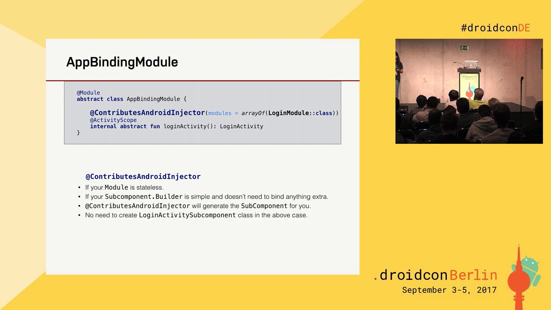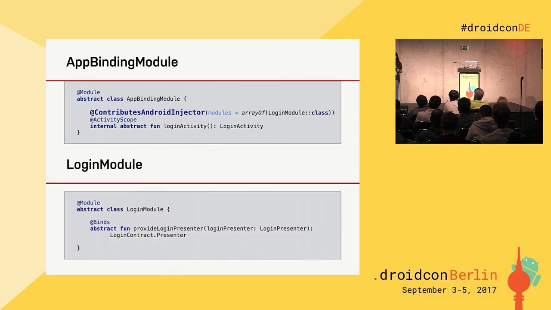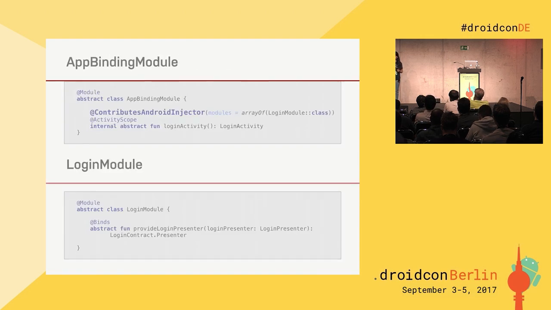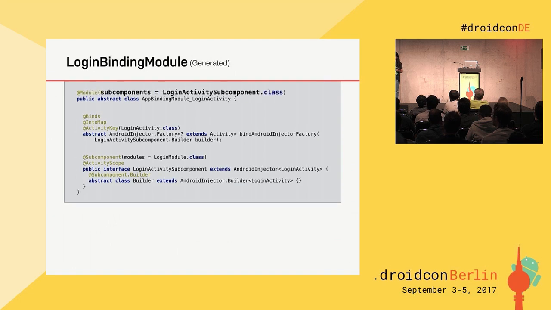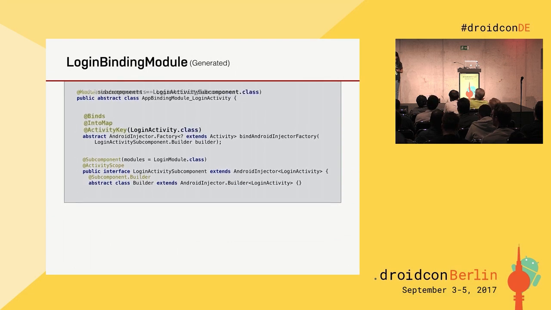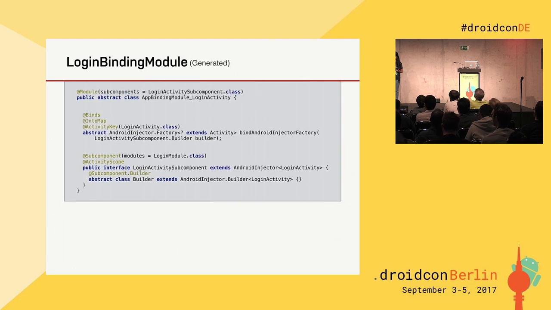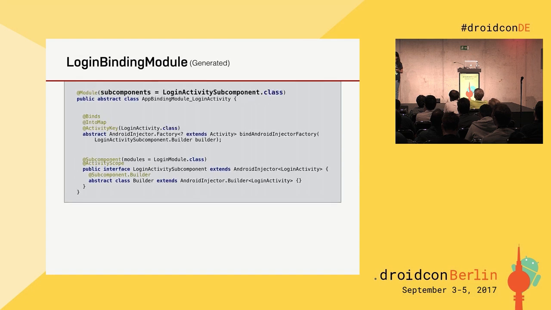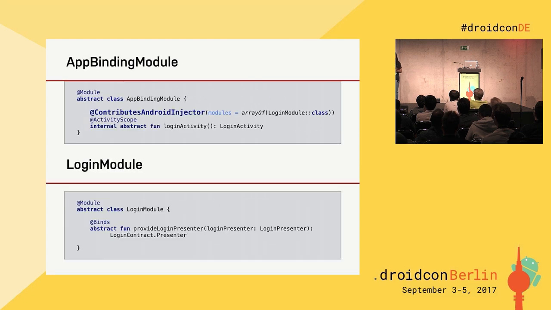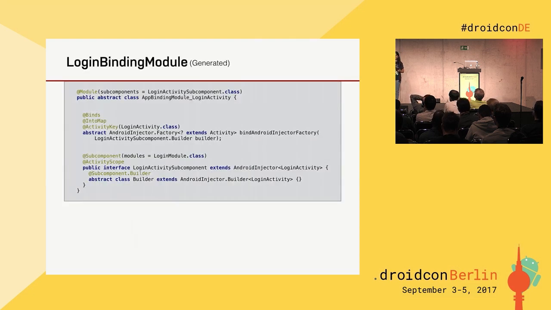So in our case, we won't have to write the LoginActivity subcomponent. So this is the login module, and as you can see, it is stateless. So what we can do is mark it as @ContributesAndroidInjector, and this is the LoginBindingModule that Dagger is going to generate for us.